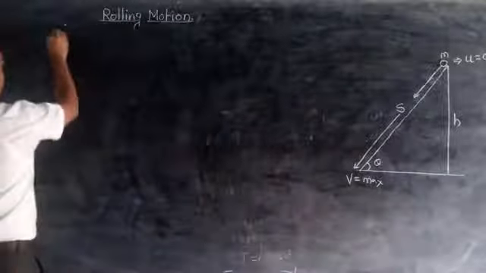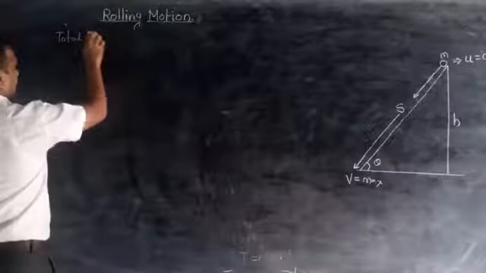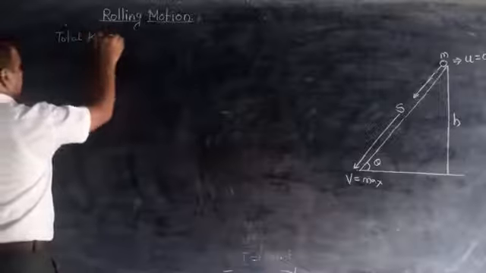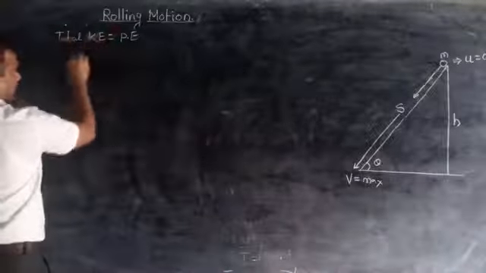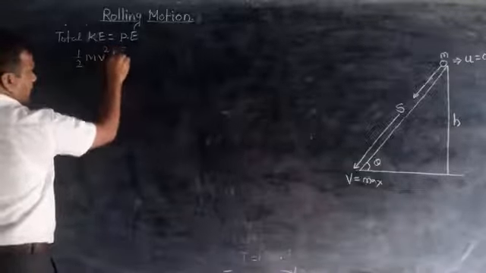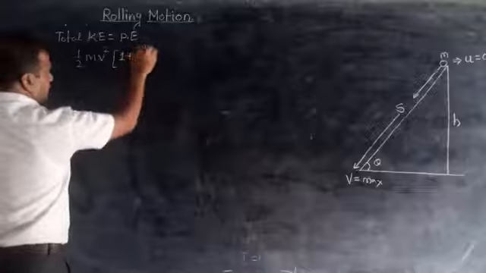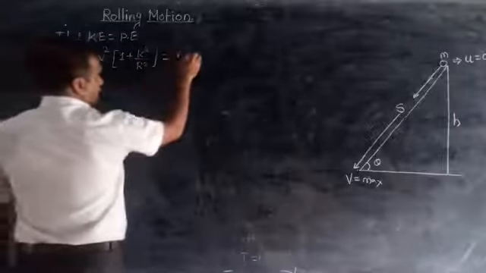Therefore, total kinetic energy is equal to potential energy. Total kinetic energy of the rolling body is half mv square in bracket 1 plus k square upon r square, and potential energy is mgh.